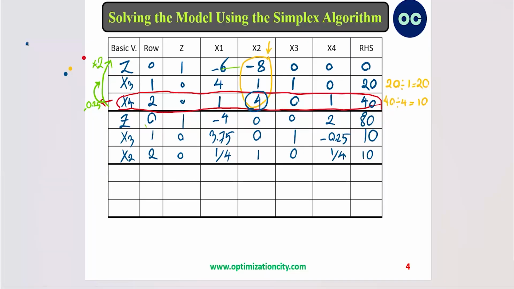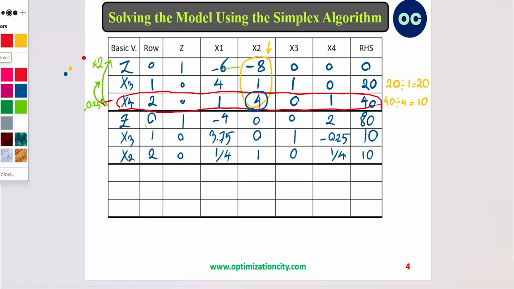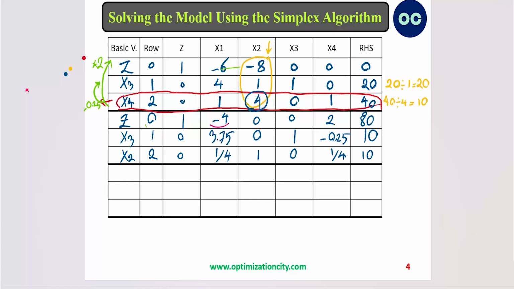So you can see that x2 would be 1 in row number 2 and the others would be 0. Let's check the optimality again. Now we check row number 0. Are all values non-negative? The answer would be no, because the coefficient of x1 is still minus 4, meaning we need another iteration.